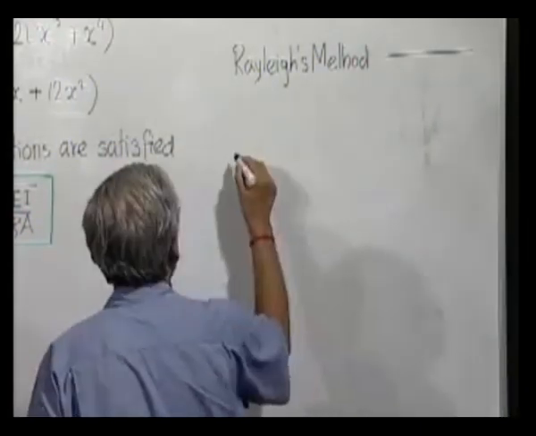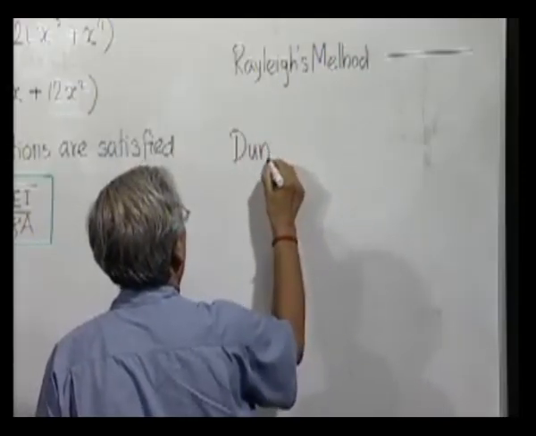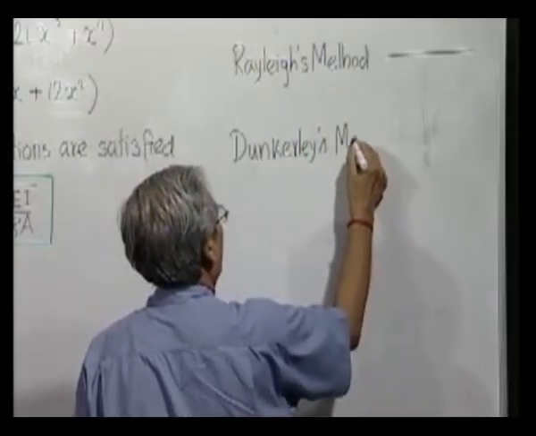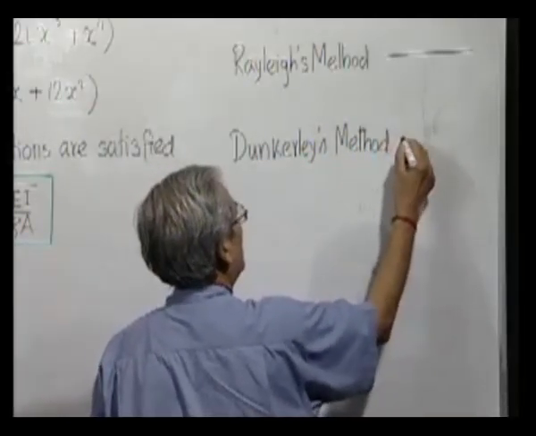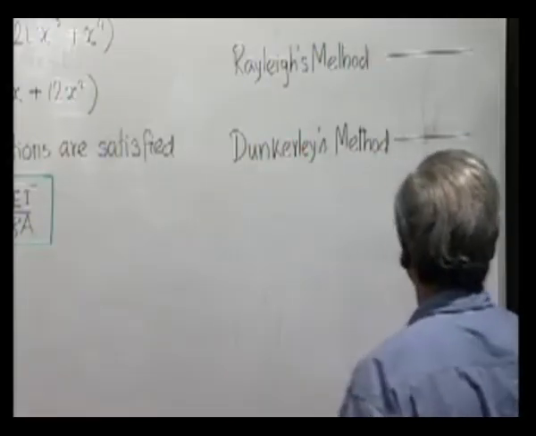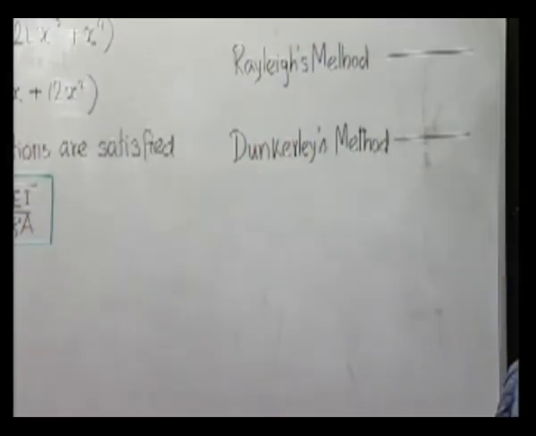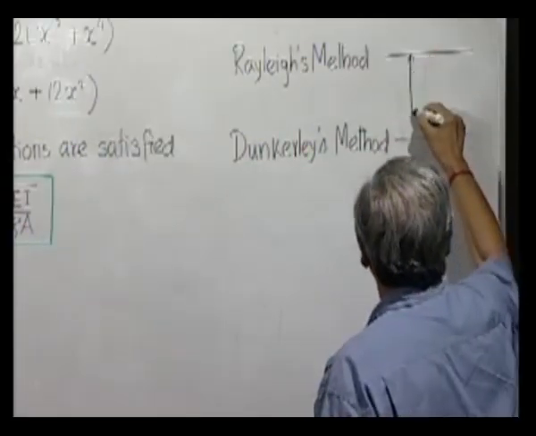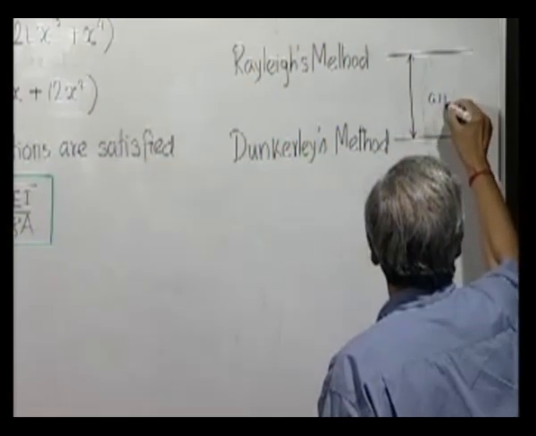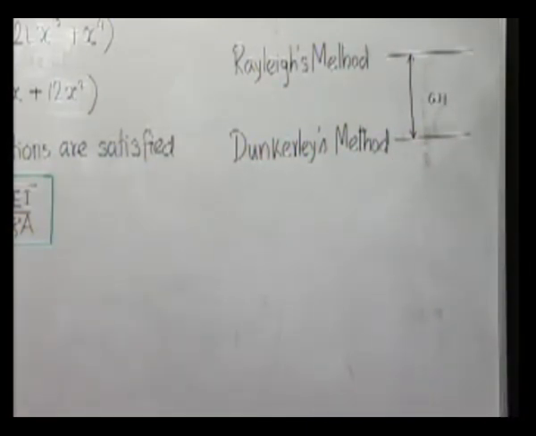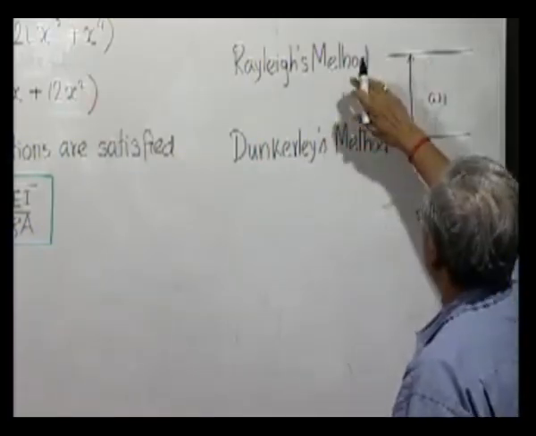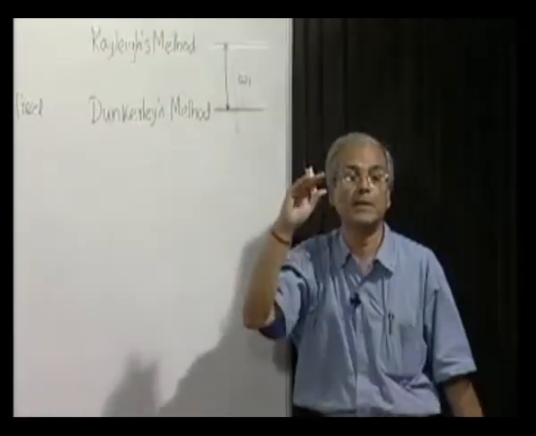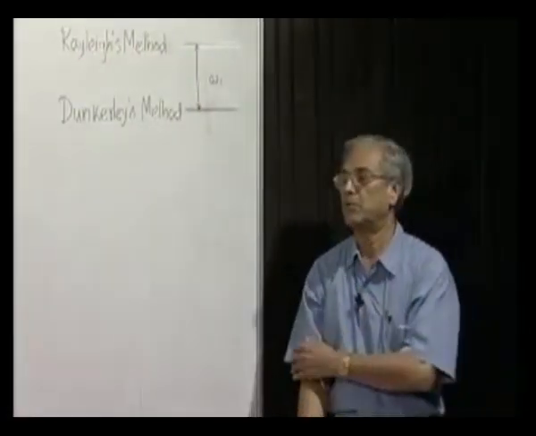And by Dunkerley's method, if we get something, the value of omega 1 like this, then we know the actual value of omega 1 will have to be above this. Thus, we get a band and the exact omega 1 must lie in this band. So therefore, if we can make by some method this band as narrow as possible, then omega 1 can be estimated in a very accurate way.